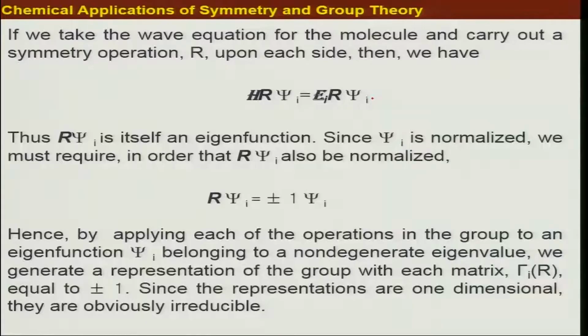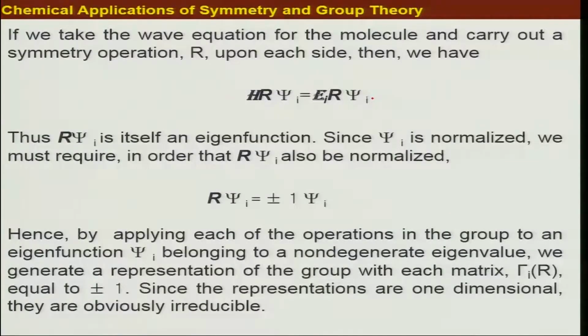Now, each psi I is normalized, and we said that we are normalizing it to the value of 1. So now if we couple this to the fact that when you operate any symmetry operation on this psi I, R psi I is also an eigenfunction of this Hamiltonian operator for which psi I is an eigenfunction, and next that each psi I is normalized.